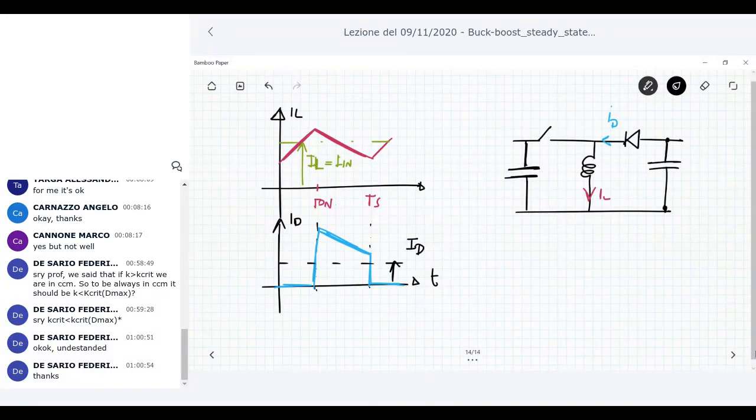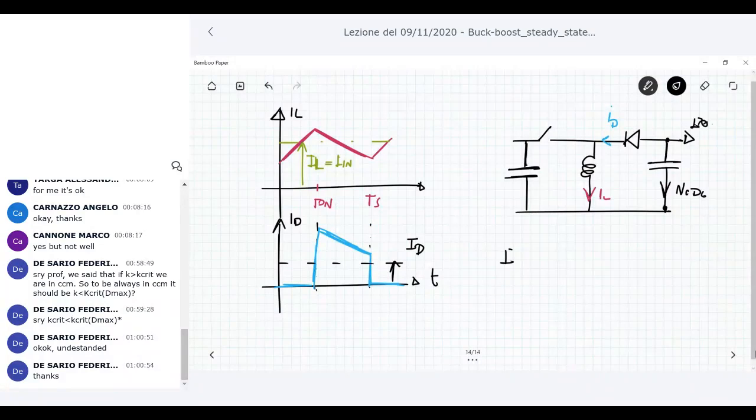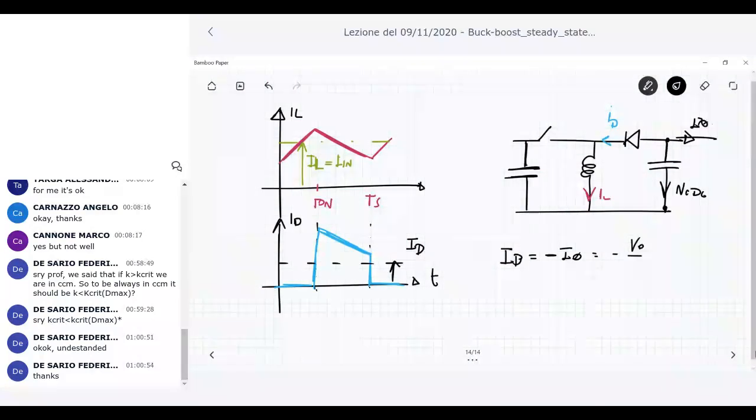Since no average current can flow through the C0 capacitor, the average current through the diode is the same as the I0 current. So the average current is the same as the output current. Note that we have a minus sign because the direction of the two currents is opposite. So this is what happens. The average current is minus V0 over R.